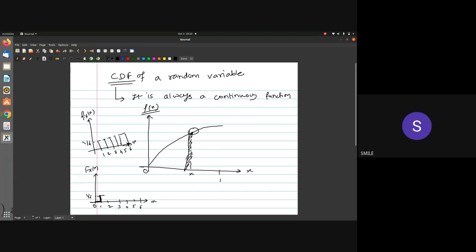Then again it will be constant over the interval 1 to 2, and then we have another jump, and it will be 1 by 3 here, and like this. It is not continuous exactly at that point, but it will be continuous over here, right? This is right continuity, sir.